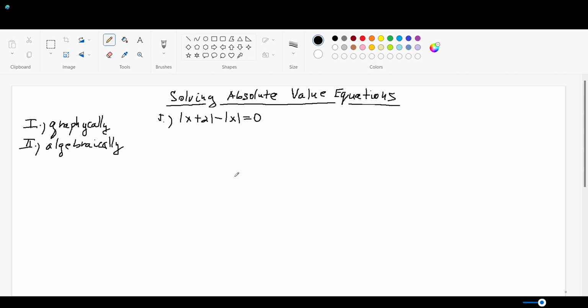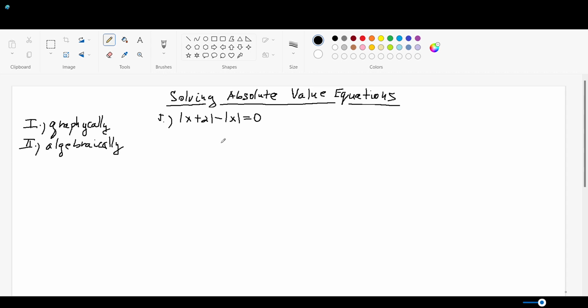Now, here is one tricky thing, and there is a reason why I wrote this equation like this, because to solve this equation graphically, it's, let's say, hard to sketch the graph of the function on the left side of our equation, because then it would be a piecewise function, and to sketch this it takes, let's say, a lot of time.